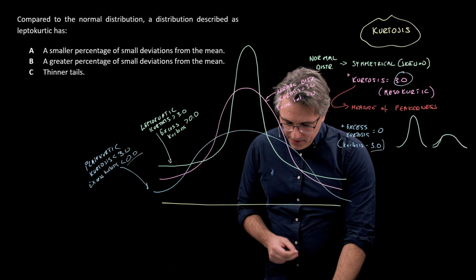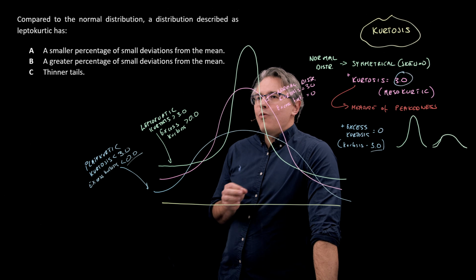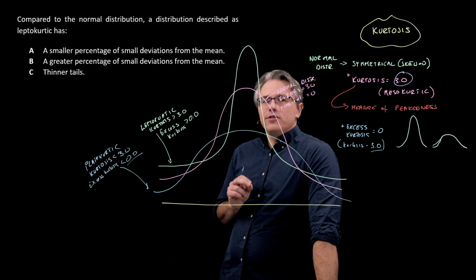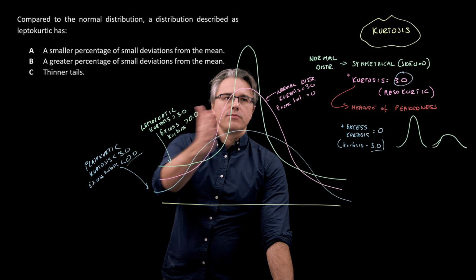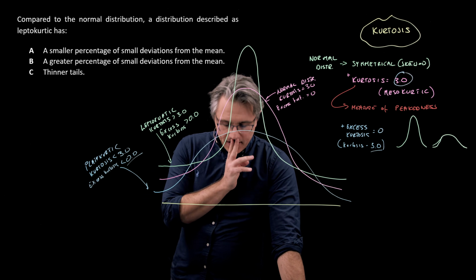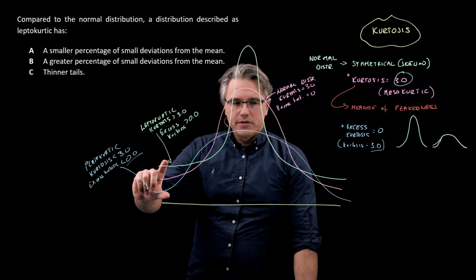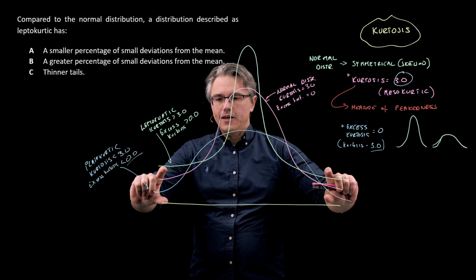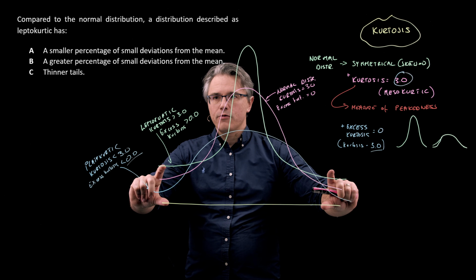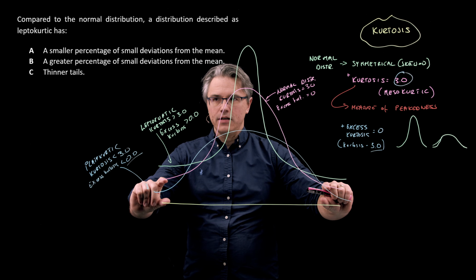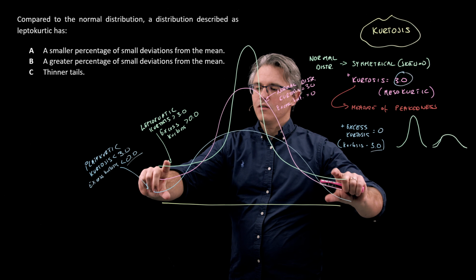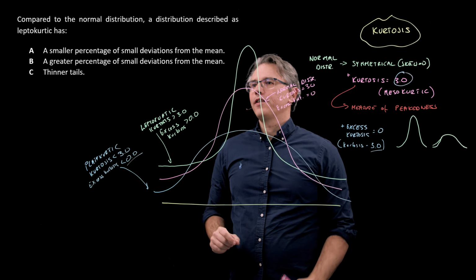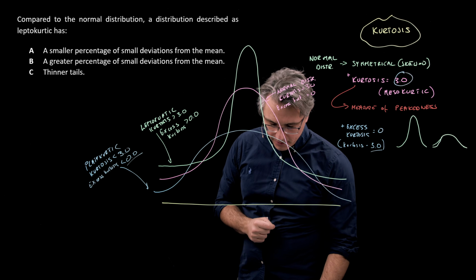Good. So what's going to be true here for the leptokurtic distribution versus normal? The leptokurtic is going to have fatter tails compared to the normal. So this green versus the pinkish color, you can see that there are more observations in the extreme values, so in the tails.